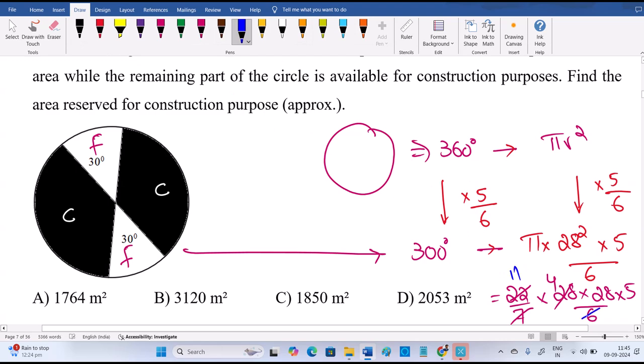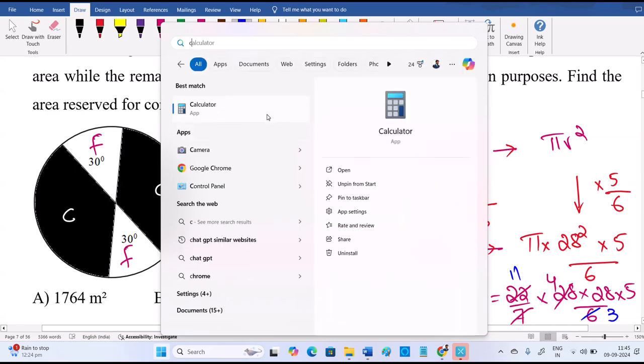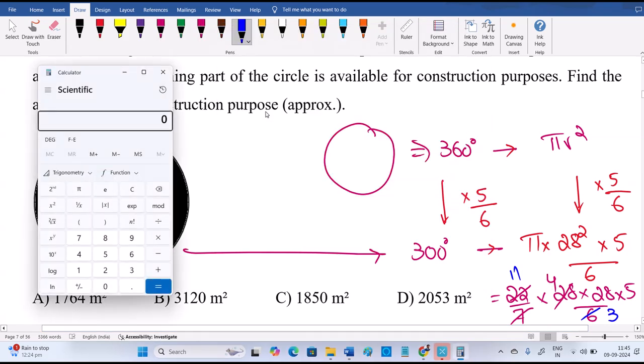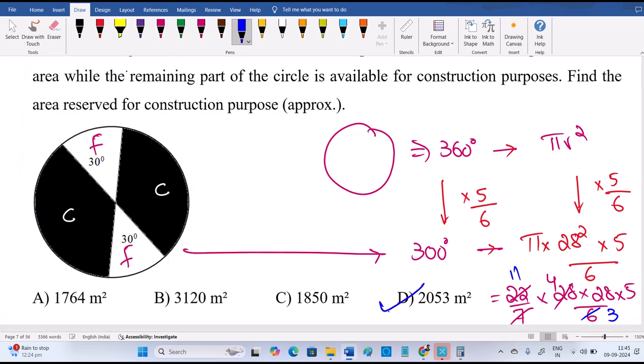Denominator is 3, numerator 220 into 28 divided by 3. Approximately, calculator allowed, don't waste time in exam. So 44 into 28 into 5 divided by 3. We got 2053.33. Option D is fit.